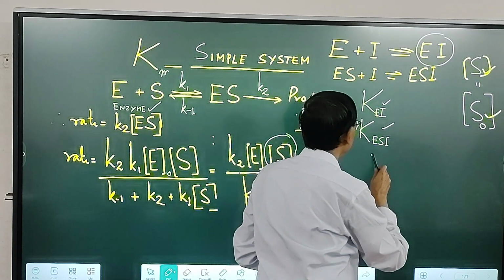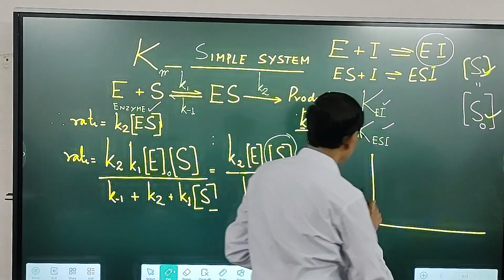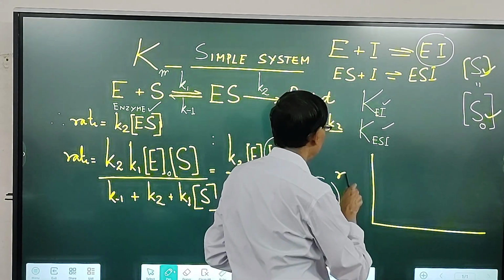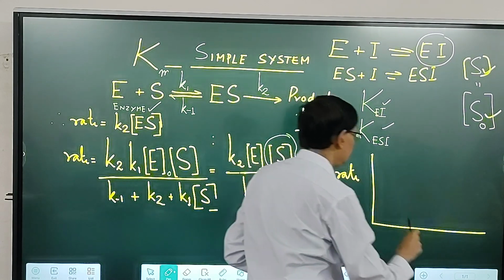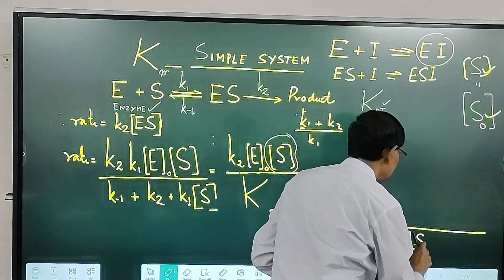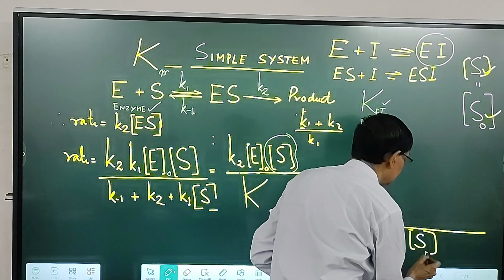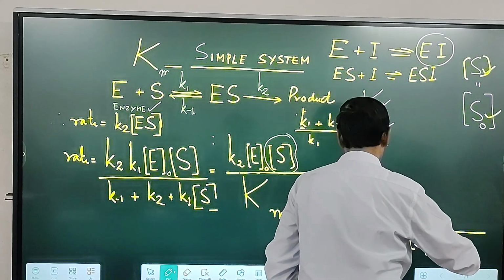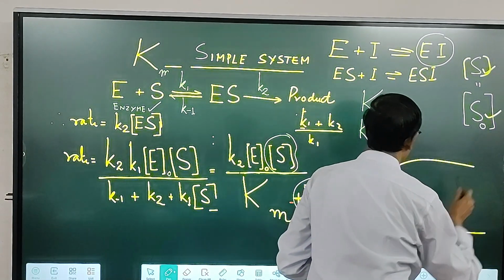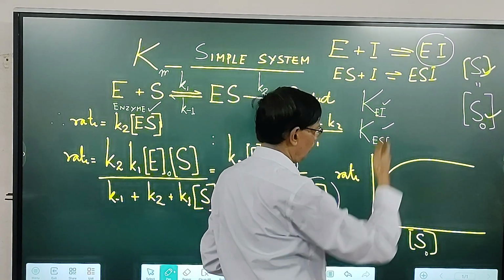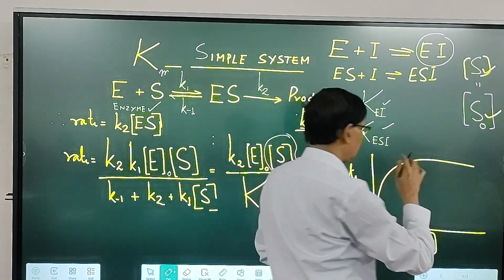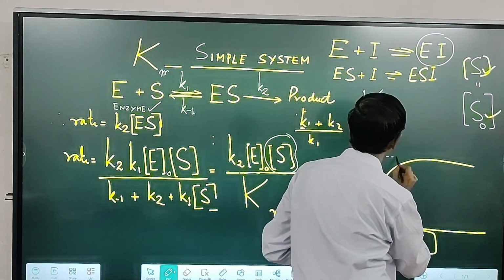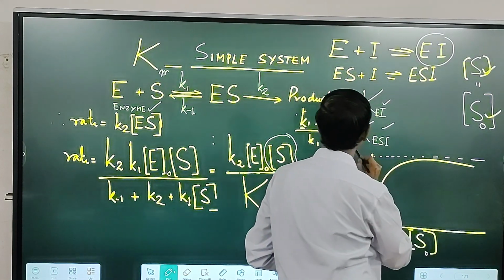So if we plot a graph between the rate and S0 or S, as I told you, in some books it is S. I'll come to this point. We have seen a lot of work in our lab. So there is a constant value, which we always call Vmax.